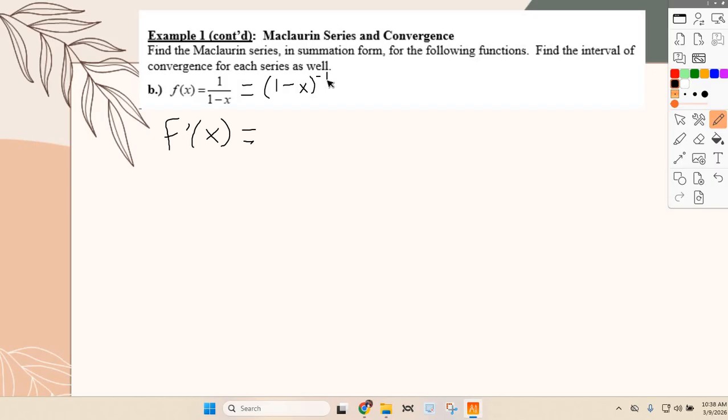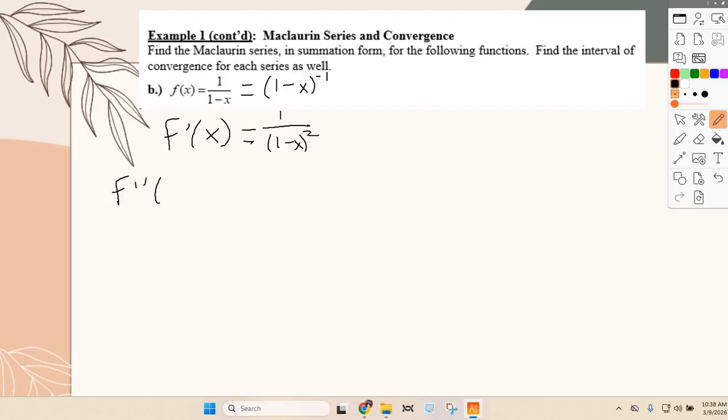Because it's a derivative. Yeah, we bring down our -1, but then remember, I'm also going to have to do a chain rule, so then I would also be multiplying by a -1. So it's going to end up being positive. Agreed? And then I would have 1 divided by 1 minus x to the second. Are we okay with that?